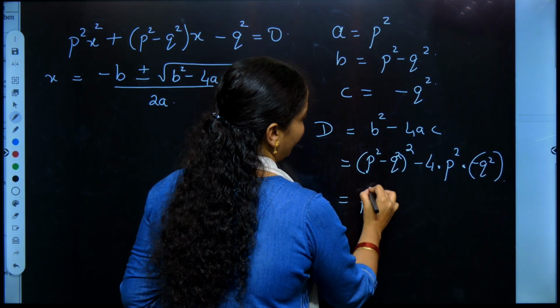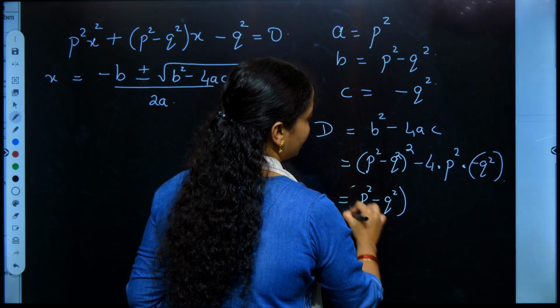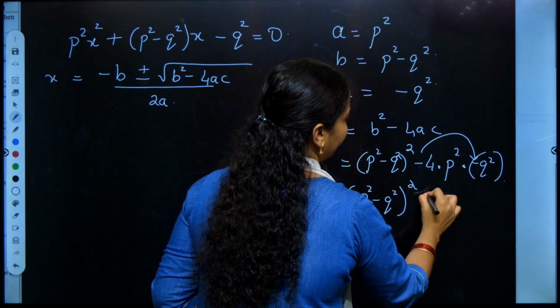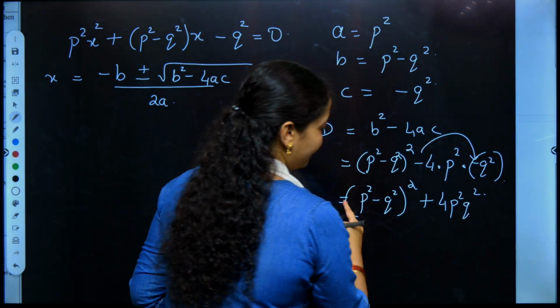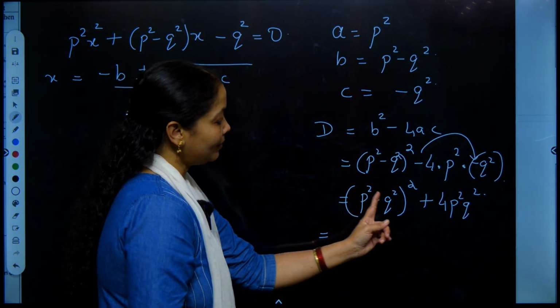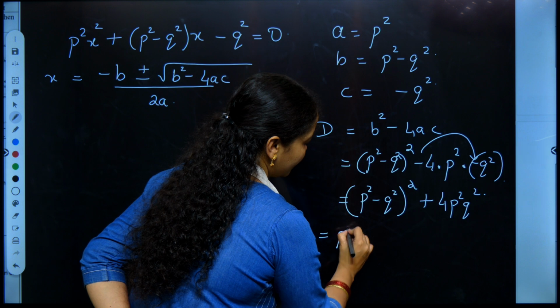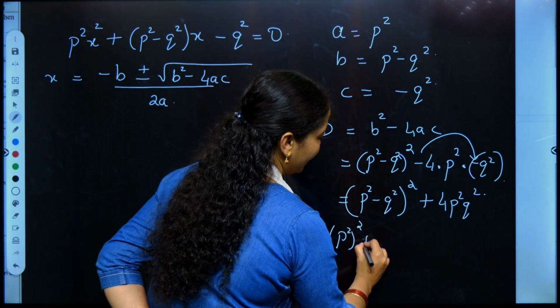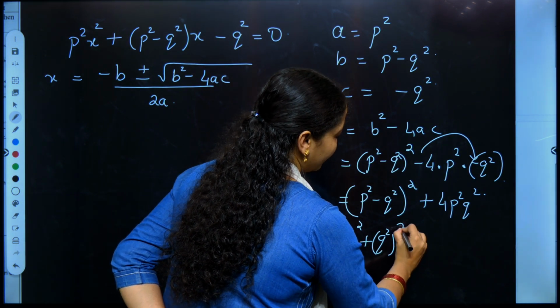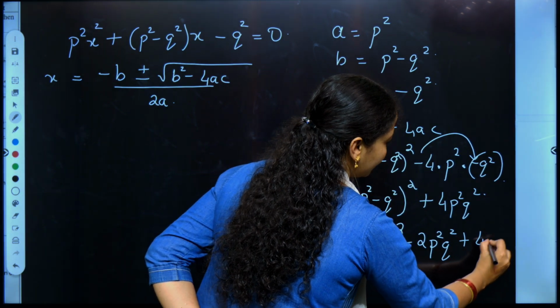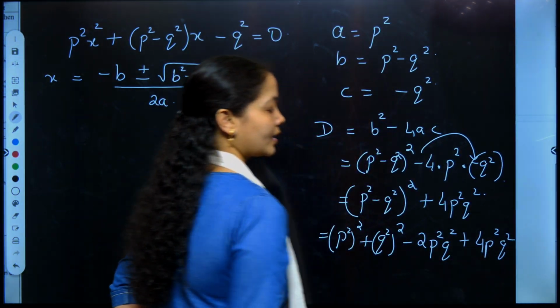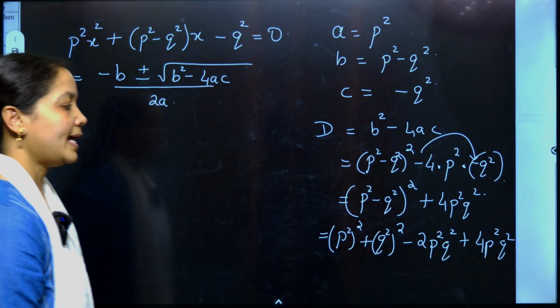Now, p square minus q square the whole square, and negative into negative is positive 4p square q square. When I am expanding this, it is of the format a minus b the whole square. So it is a square plus b square minus 2ab, plus 4p square q square as it is, plus 4q square p square as it is.